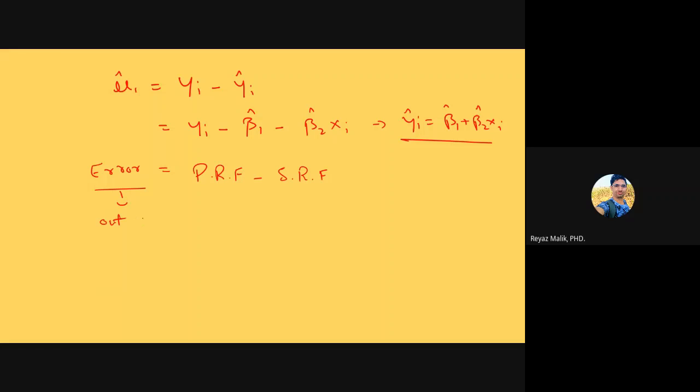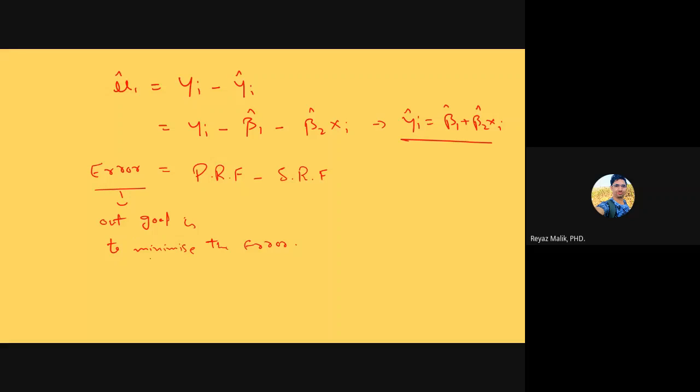Our goal is to minimize this error. If we minimize the error, then what will we get? We'll get the best estimators. We will get the estimators which are very close to the population regression function. Correct?